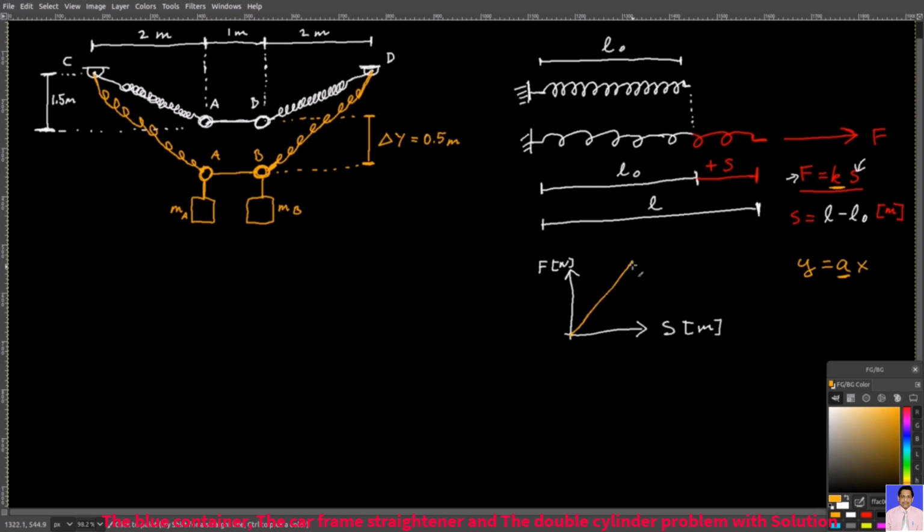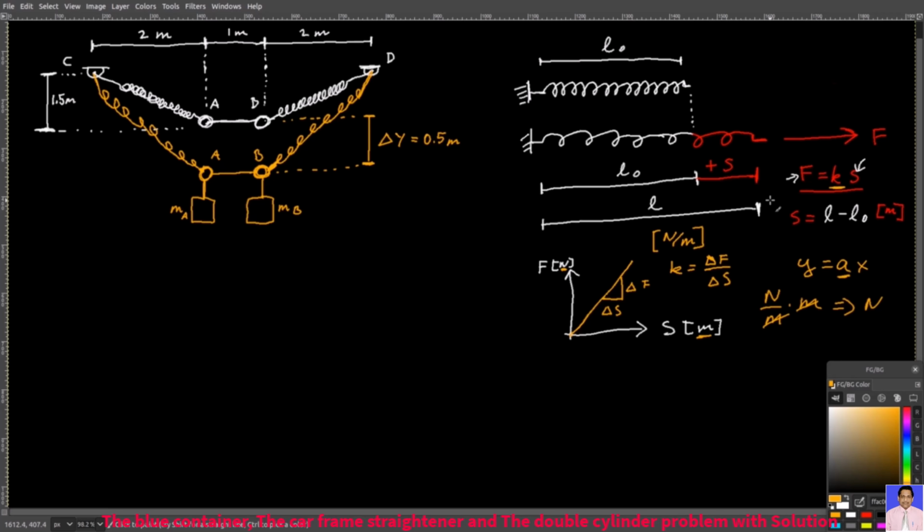So if I have this straight line function, and I say that this here is delta F, and this one is delta S, then K is simply the slope of this straight line. And you can also see that the units of K are newtons over meter, which makes sense because here you have meters and here you have newtons. And if you multiply K by S, then you multiply newton over meter times meter, the meters cancel out, and you have newtons, which is the unit of force.